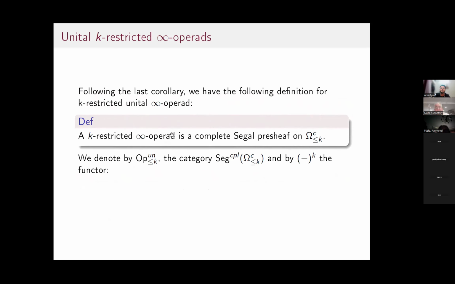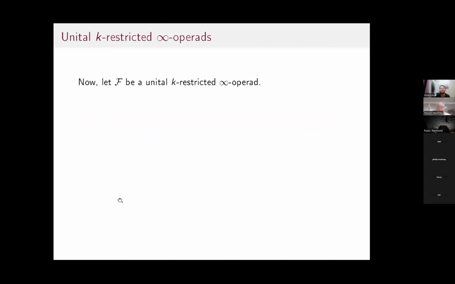We denote the category of complete Segal presheaves over Ω^c less than or equal to k by Op^un less than or equal to k, and this is basically the functor that we saw before. Right?